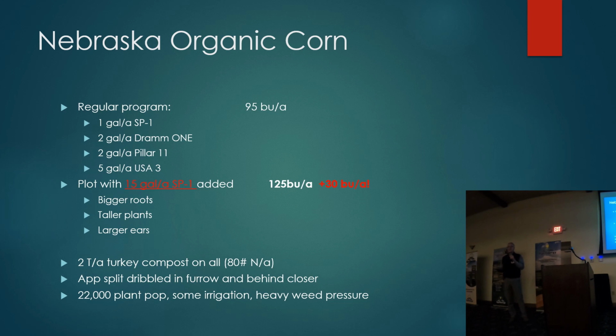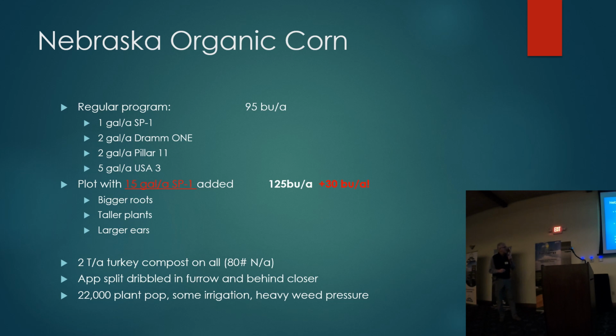So he did half the field and he did alternating strips. On the other part, he added 15 gallons of SP1. This was split between dribbled in the row and behind the closer. It had 2 tons of turkey compost on all of it, so 80 pounds of nitrogen coming from the compost.